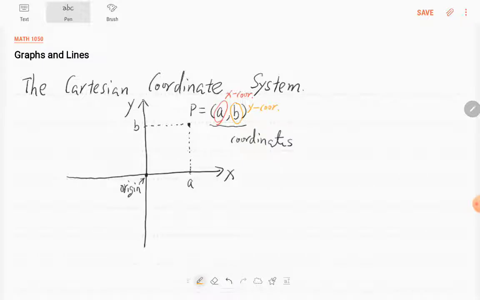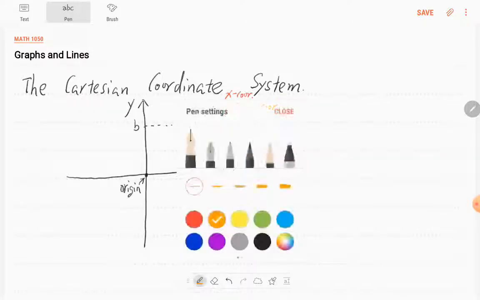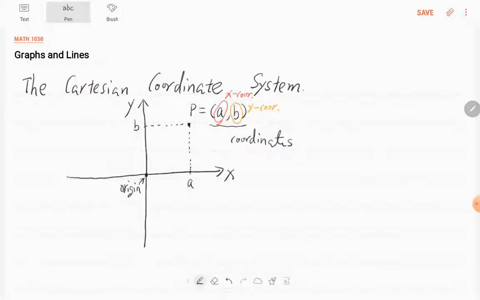Then you can use these x, y coordinates to locate this point P. The origin has the coordinates 0, 0. That means x equals 0 and y equals 0.